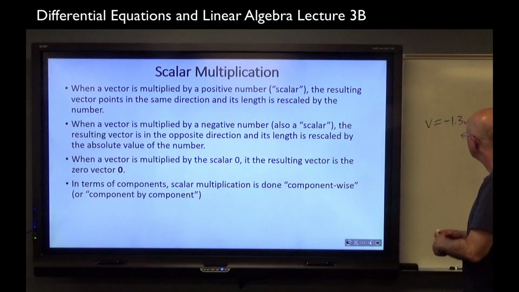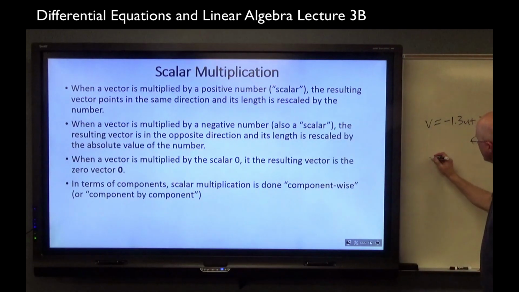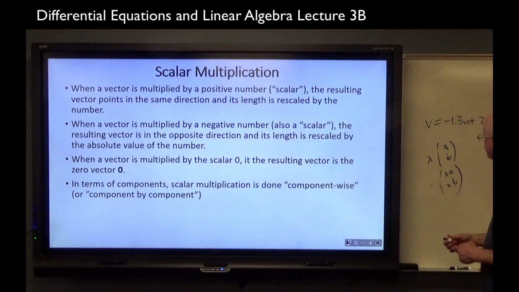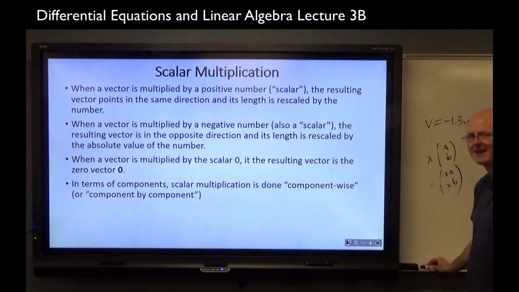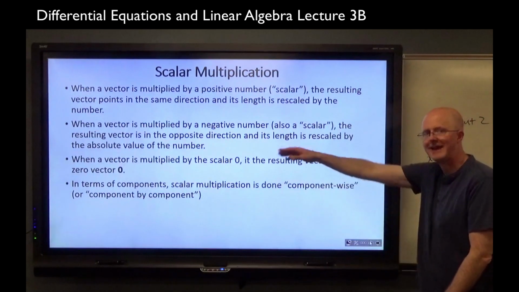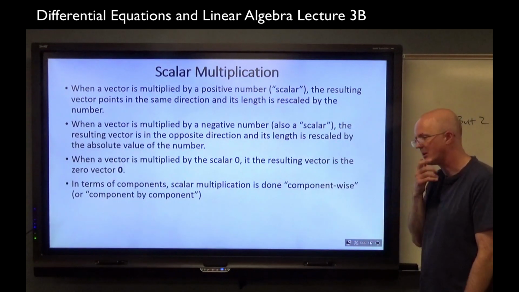If I take a scalar, a number, call it, say, lambda, it's going to be a common letter we use for scalars, times the vector whose components are a, b, say, I do it component-wise. The new vector has components lambda a, lambda b. That's what it means to be done component-wise. When I added the vectors on the screen here, it was done component-wise. I added the first components and I added the second components.